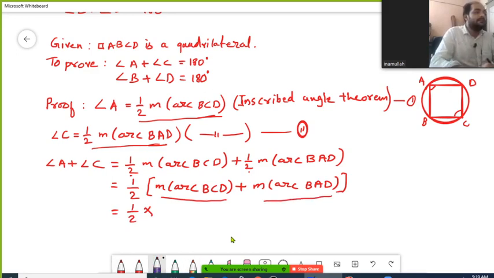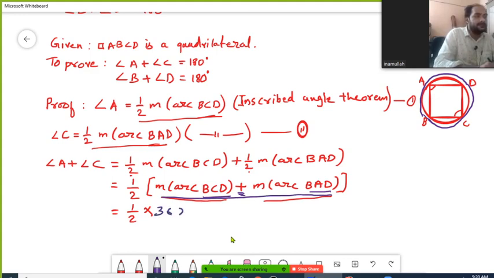Now if you trace these two arcs in your circle, first have a look at BCD. This is BCD from here to here, and BAD is from here to here. So in fact, the sum of these two arcs makes a complete circle. And the total arc of a circle is 360. So this whole part can be replaced with 360 degrees.